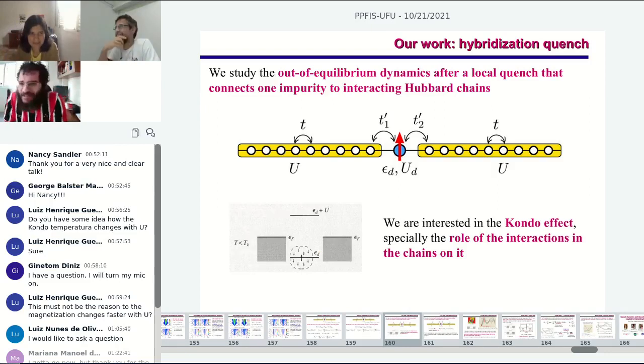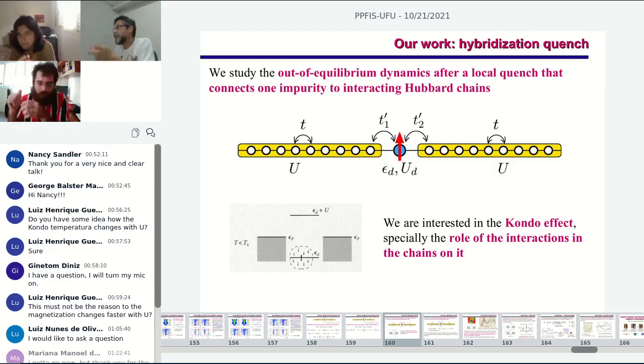No, but this is a comment. My comment on your question is that in the two-channel model, probably T_K is smaller, right? Well, I am not very familiar with the two-channel Kondo, but I thought about it because you have this U in your electron reservoir, in your electron Fermi sea, and that's what Goldhaber-Gordon did with one of the Fermi seas.